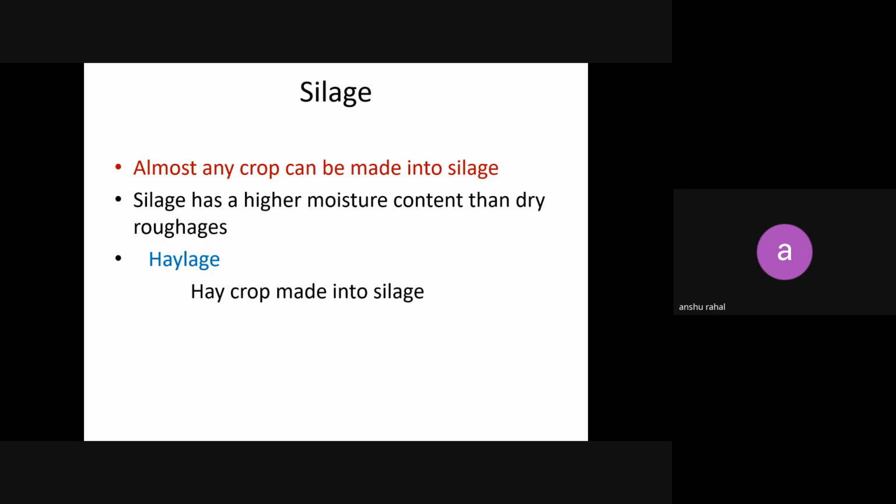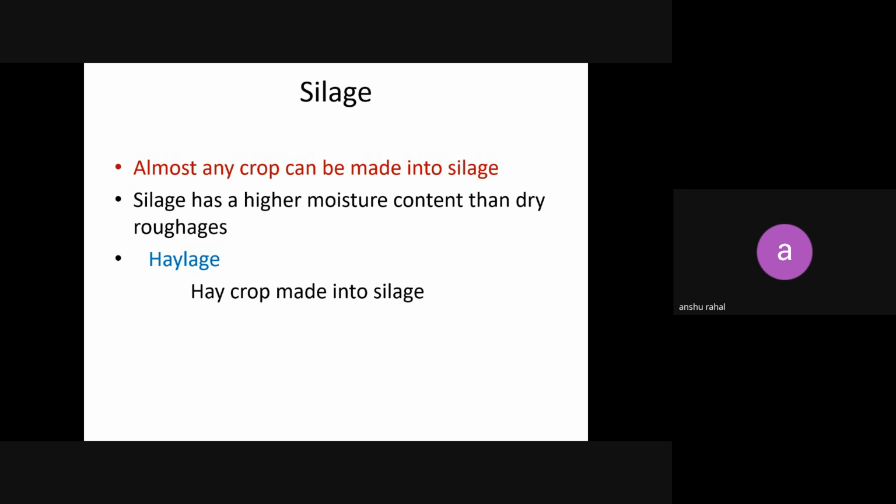This silage should be prepared using crops which are high in soluble carbohydrate content. Normally, silage is not prepared of the proteinous crops because it leads to production of butyric acid, and this can destroy the silage quality. But if you are mixing it with some crops which contain a higher amount of carbohydrates, you can go for preparation of silage with the proteinous crops also.